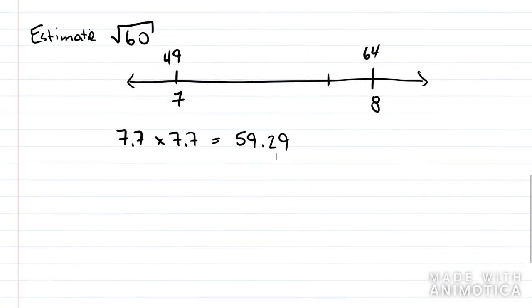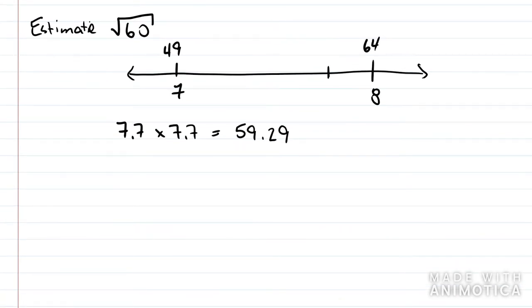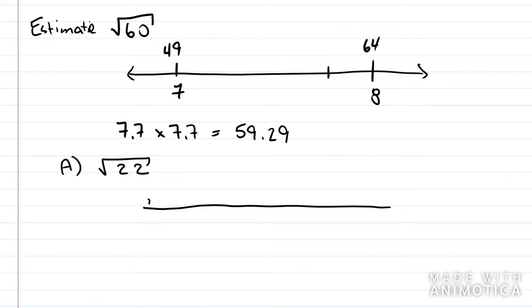Okay. So for each of the following, use perfect squares to estimate the square root to 1 decimal, and then check your answer with a calculator. So what is the square root of 22? What's our first step? We draw our number line. What's a perfect square that is smaller than 22? 16?